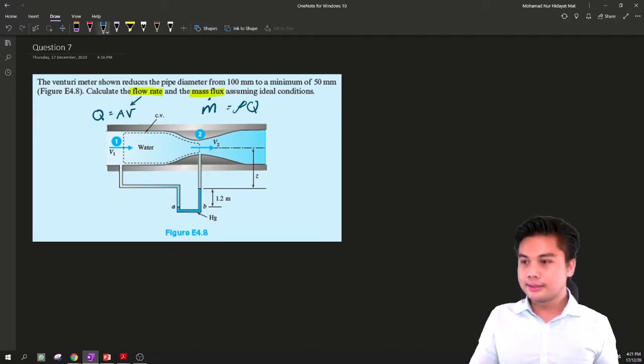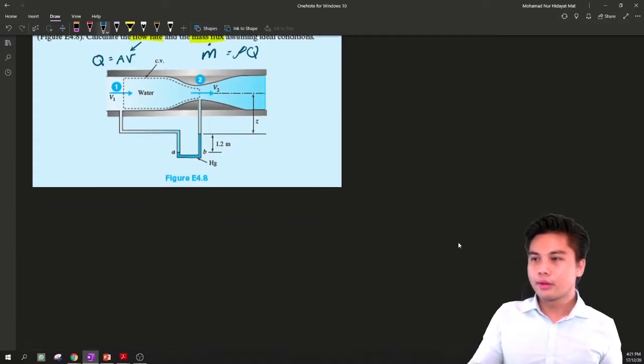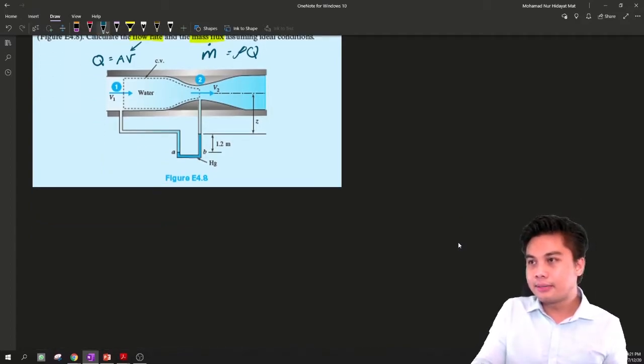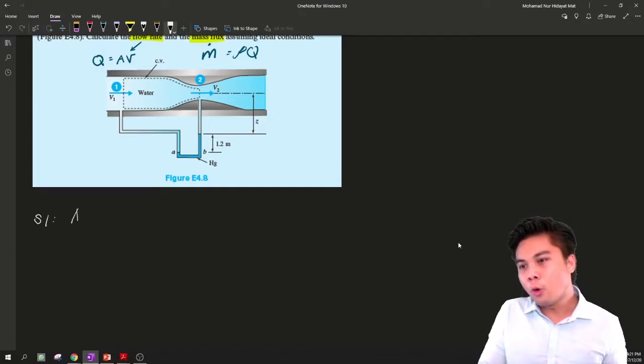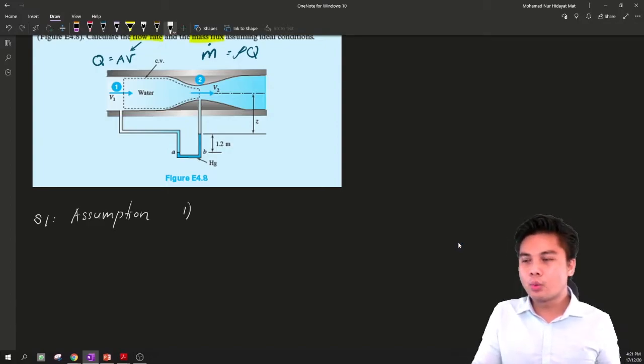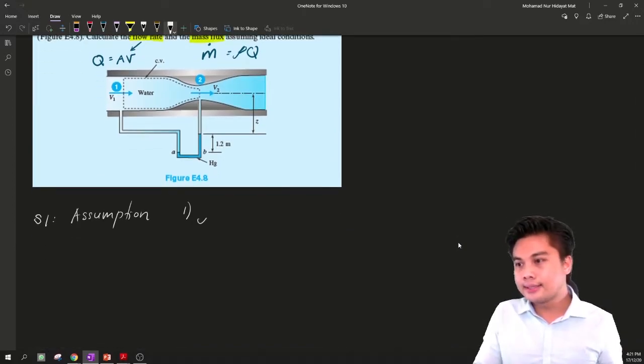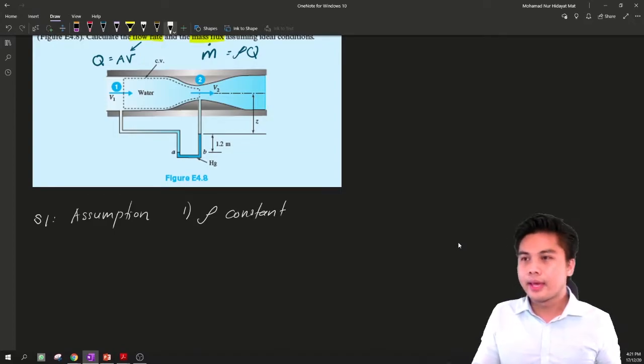So from this part, we need to list out, step number 1, list out all the assumptions. Assumption number 1, since we are dealing with water, the density is constant. And here, the velocity profile is uniform.